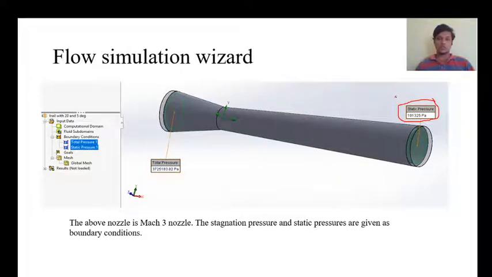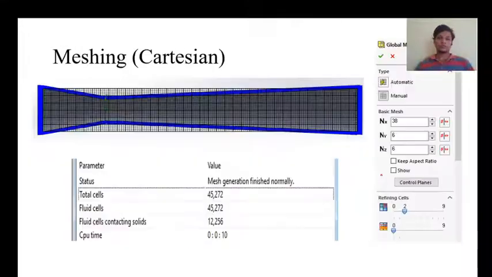Our ambient pressure is always set to atmosphere, and the total or stagnation pressure should be kept in front of the convergent nozzle to make the flow isentropic and perfectly expanded.